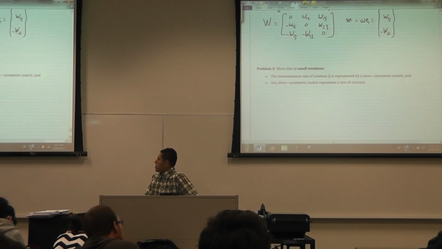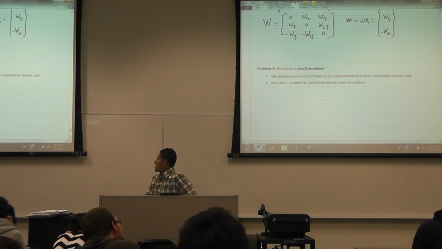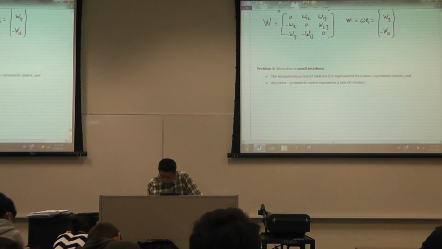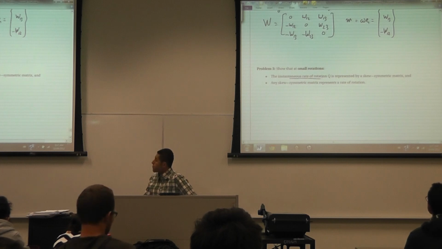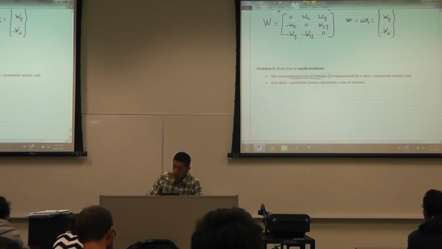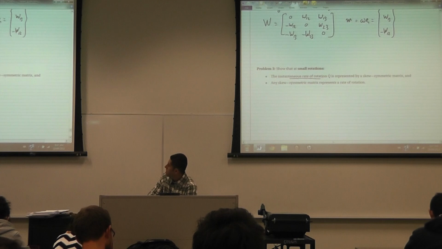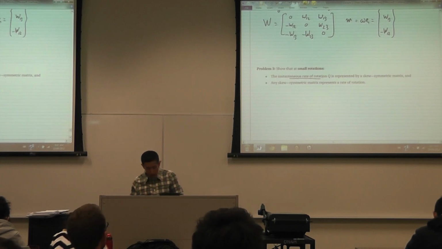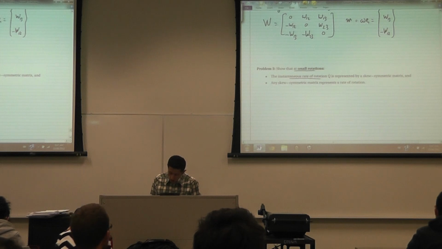Now, a skew symmetric matrix is used for the following. If I have something that's rotating, then the instantaneous rate of rotation is represented by a skew symmetric matrix. And any skew symmetric matrix, in fact, represents a rate of rotation of an object, and that is only at small rotations.